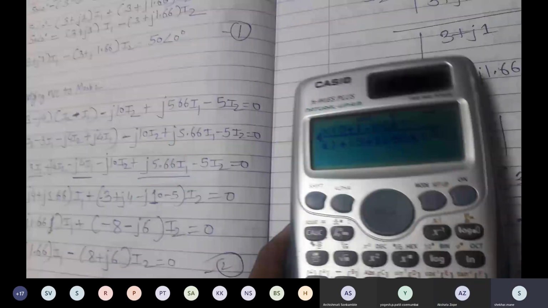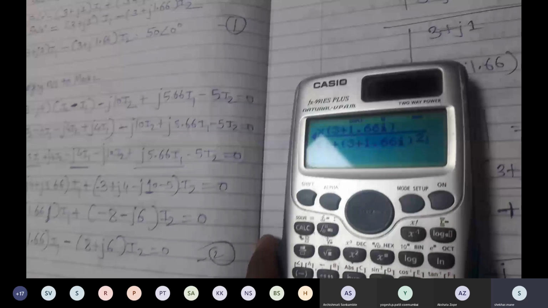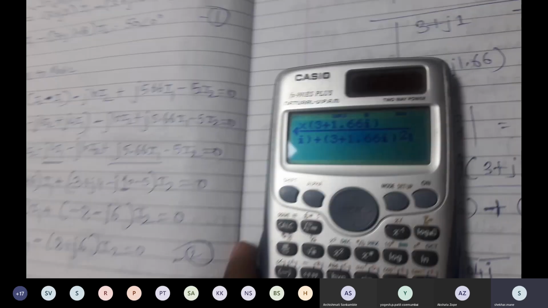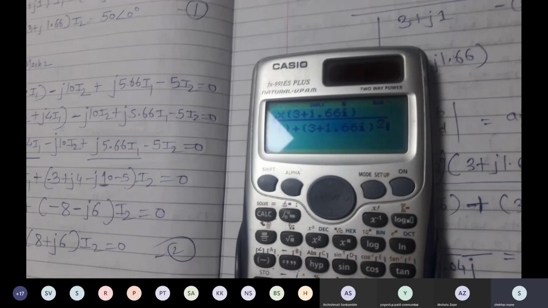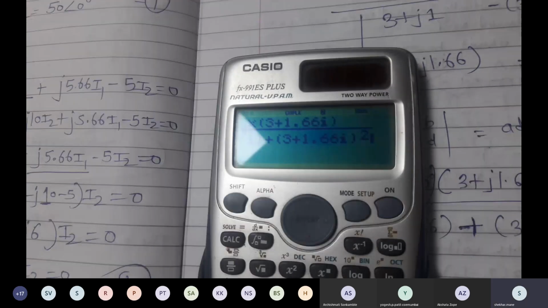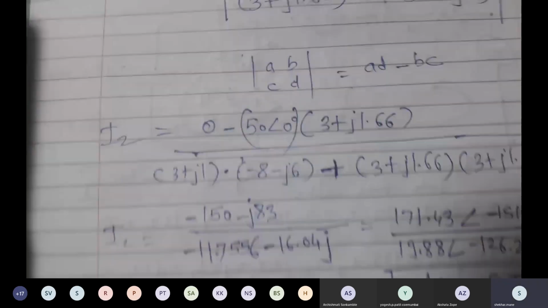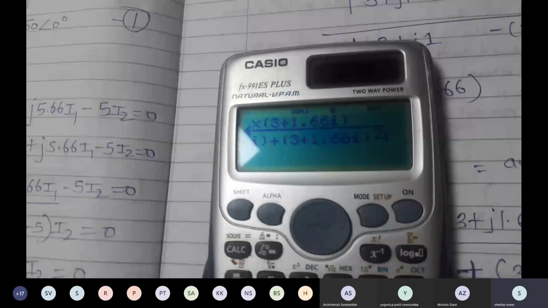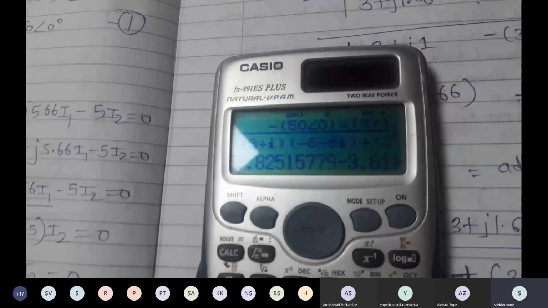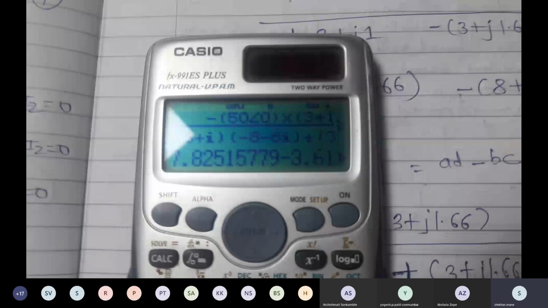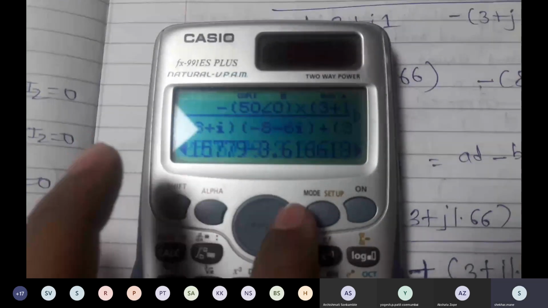Yes, sir. So in this way, I feed all the equation as it is in this calculator, and now I'm pressing equal to. So I got this answer 7.82 minus 3.61I. So this is in rectangular form. Now I want this in polar form.